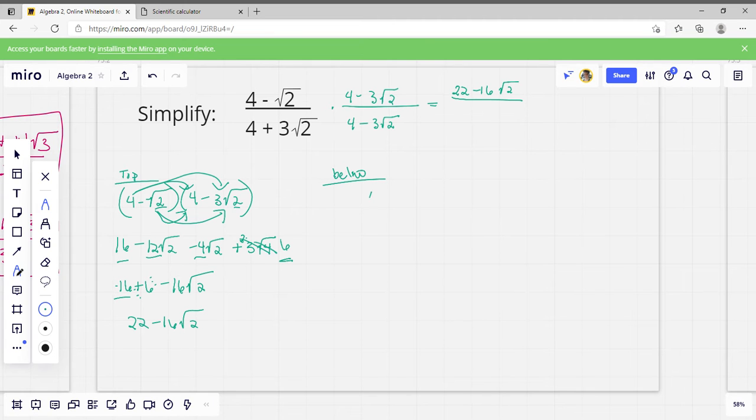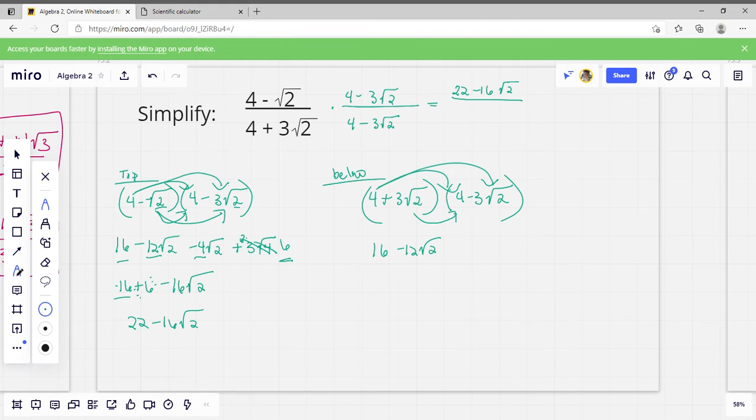All right, so we're going to do 4 plus 3 times the square root of 2 times 4 minus 3 times the square root of 2. Okay, we're going to multiply 4 times 4 is 16. 4 times 3 would be negative 12 times the square root of 2.